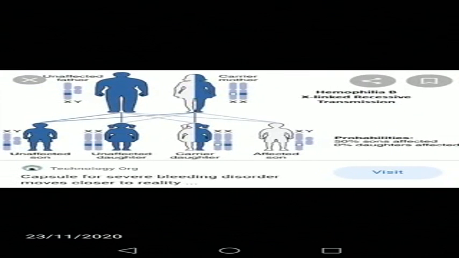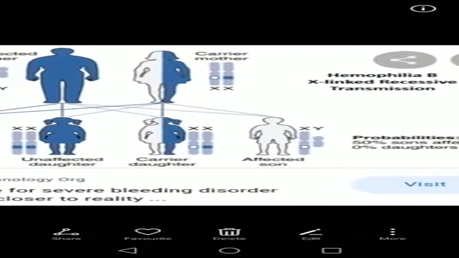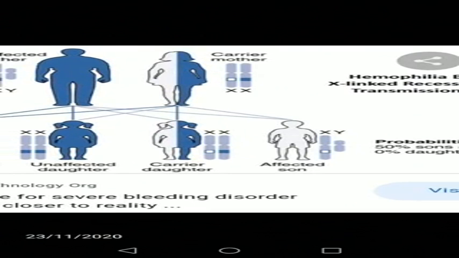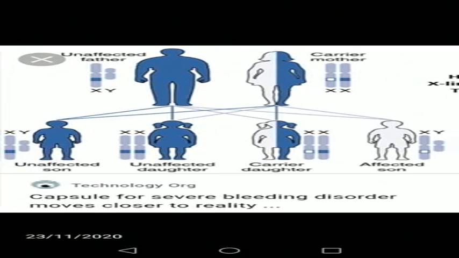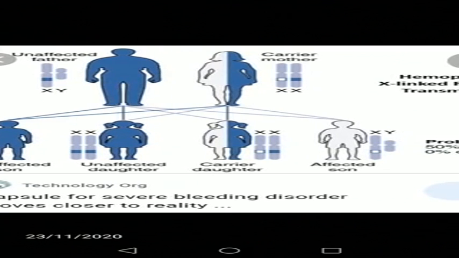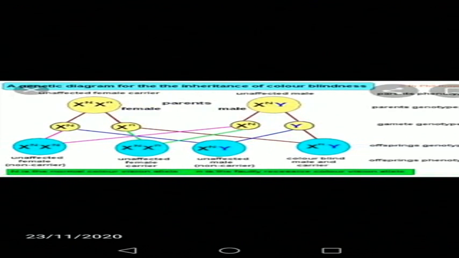Color blindness is caused by an X-linked gene, related to the formation of color sensitive cells, the cone cells. We have seen how the X-linked gene is carried in the marriage between a color blind man and a normal vision woman, and the marriage between a normal vision man and a color blind woman. Just go through all these topics. If you have any doubt, you can contact me.